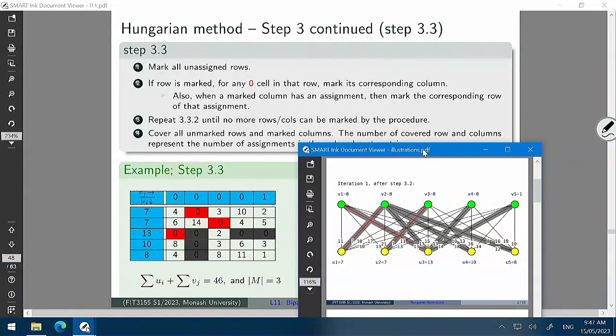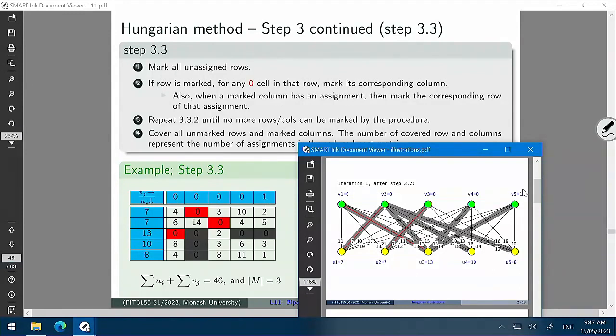Now, my state, if you look at the UIs and VJs, the UIs are all the same here, and the VJs are all the same here. Now, what's the goal of 3.3?